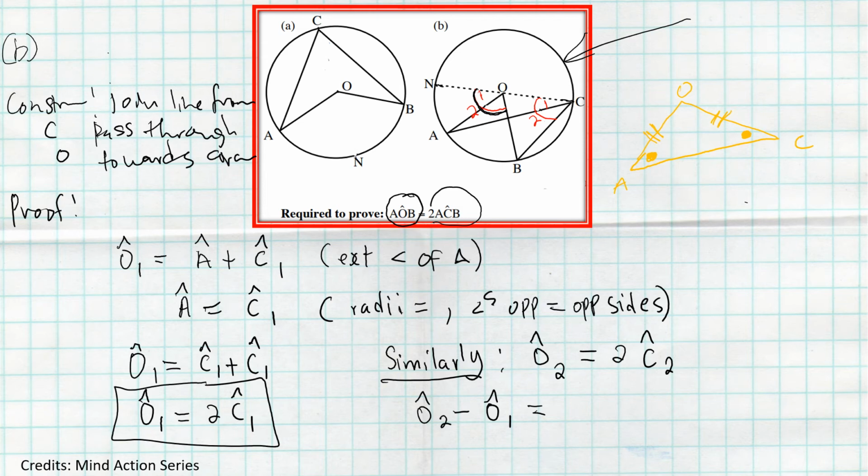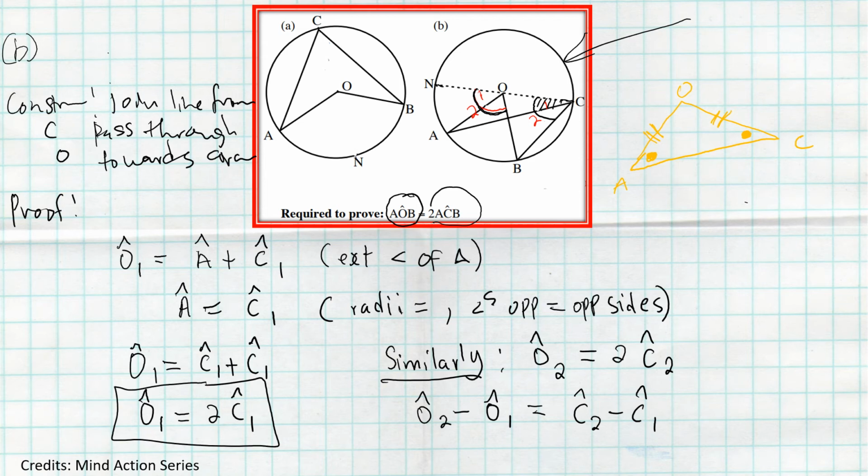And also look at angle ACB. Angle ACB will be the same as angle C2 minus angle C1, because if we take C2 and subtract C1, we are remaining with ACB.